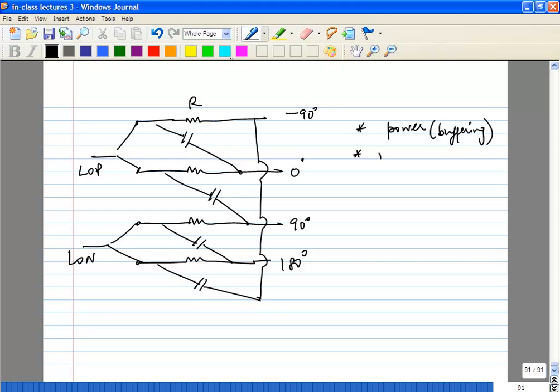What else? The phase error: you want ideally 0, 90, 180, 270, but you're going to have some kind of phase error at the output depending on the mismatch between the different RCs. So that's going to limit your phase error.